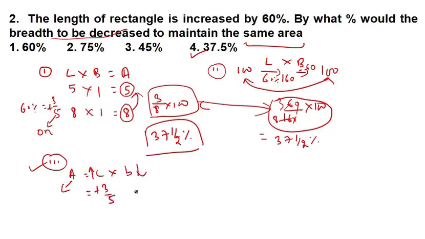So the breadth has to get reduced. Obviously, you write the upper value as it is, then just check the sign. If it's plus, then just add it, giving 3 by 8. Now 3 by 8, and minus is the decrease sign. So 3 by 8 in percentage form denotes 37 1 by 2%. So you get the same answer in all 3 cases.